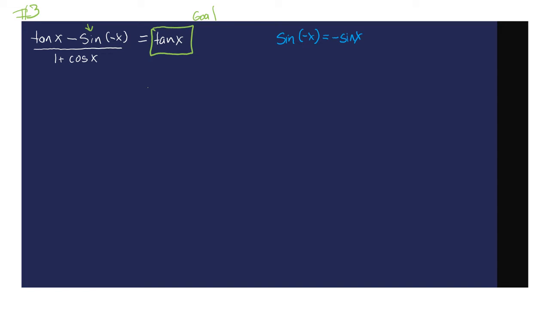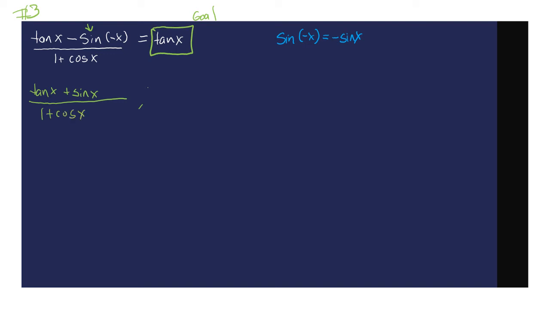And I'm going to put that in my proof first. And we've got tangent of x, and minus a negative is going to be plus sine x, and then all over 1 plus cosine x.